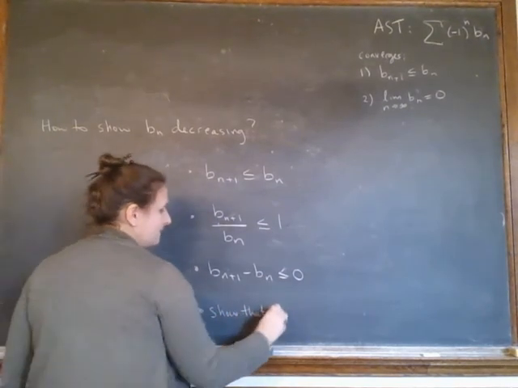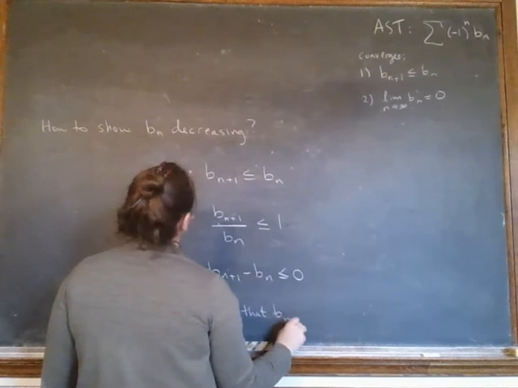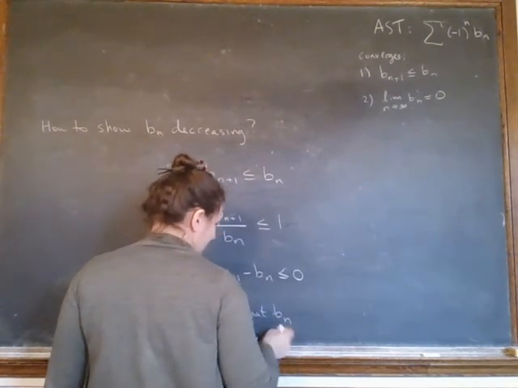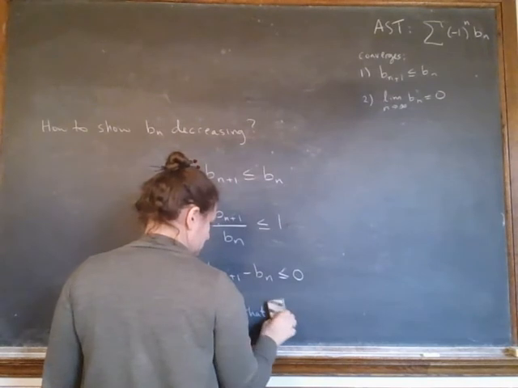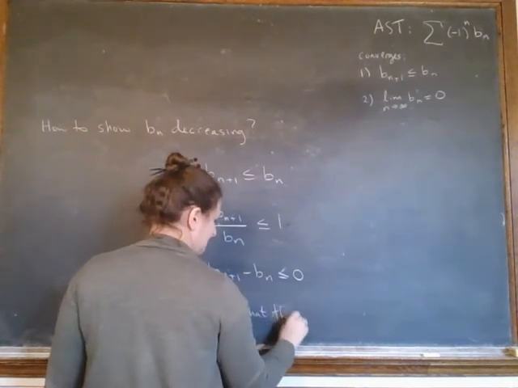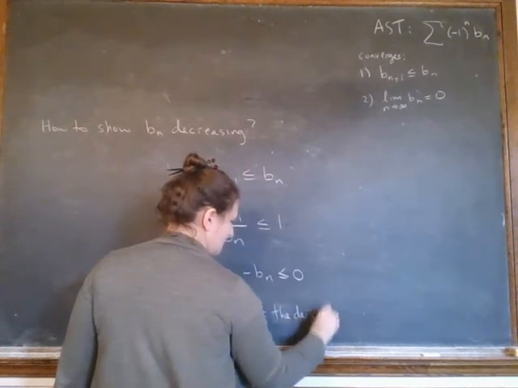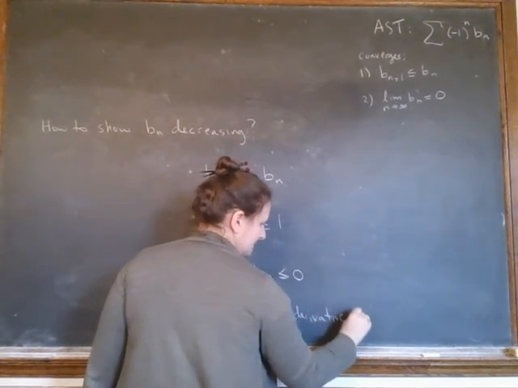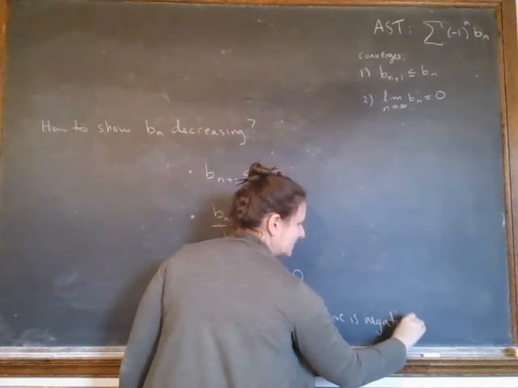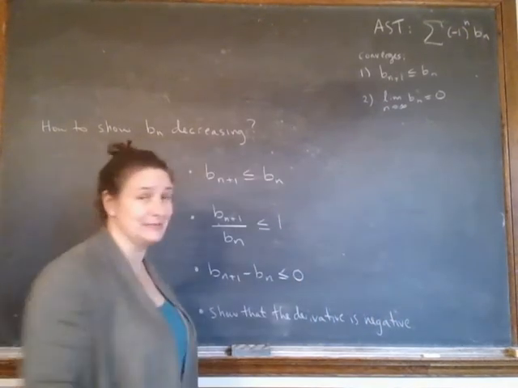Show that b_n prime is negative, because we're trying to show that it's a decreasing function.